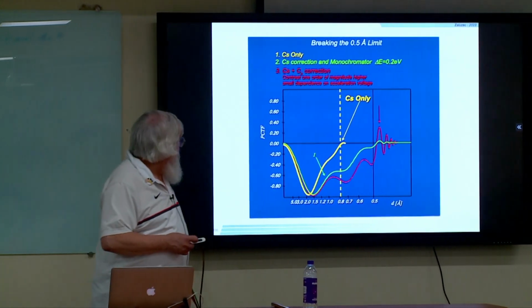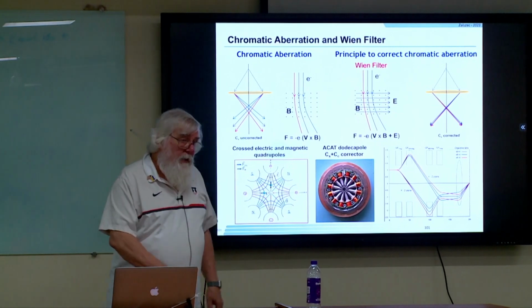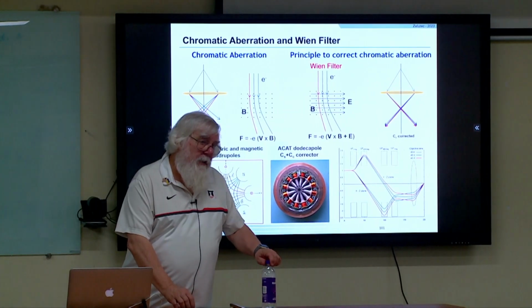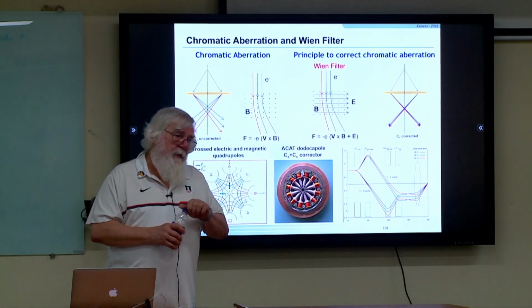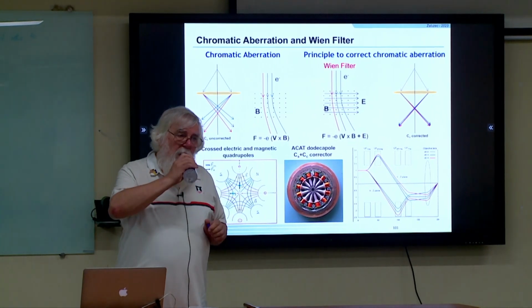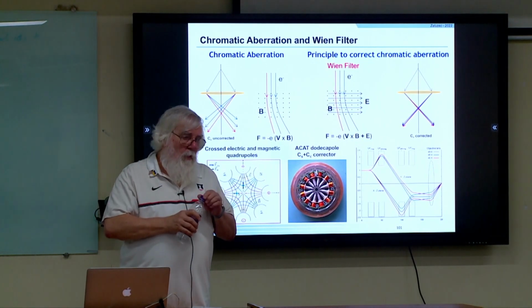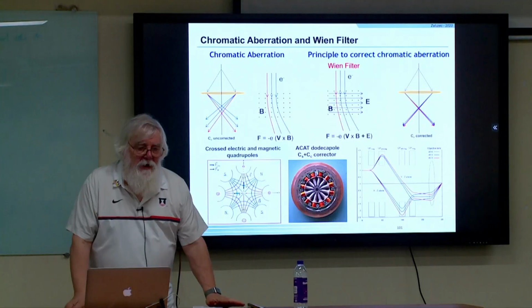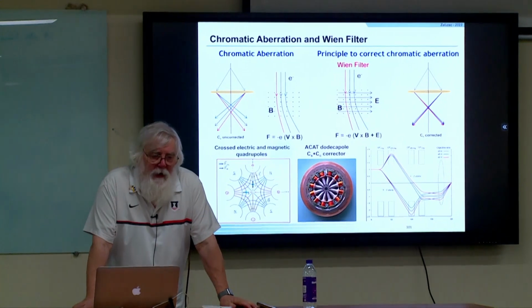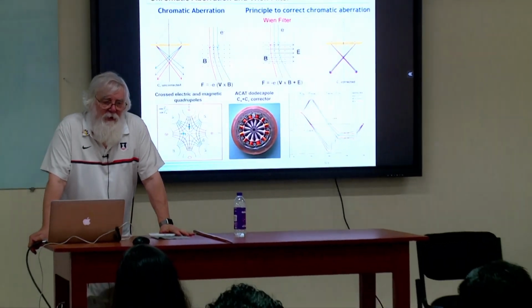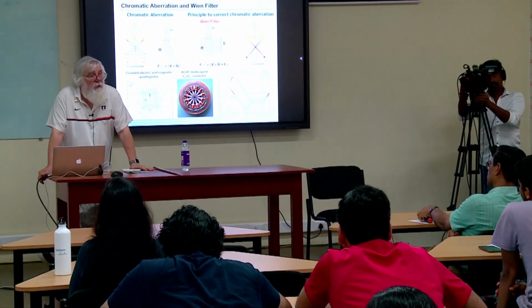Can I ask a question? Sure. Suppose if you just put a monochromator, even without correcting the probe, will it be of some use? So the question was, if we put a monochromator on a machine, even without a spherical aberration corrector, will it be of any use?